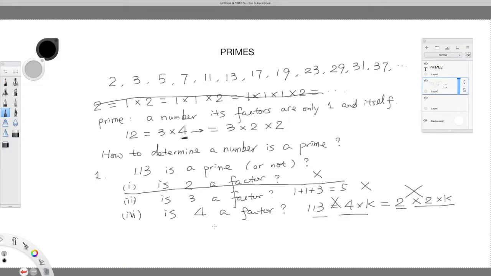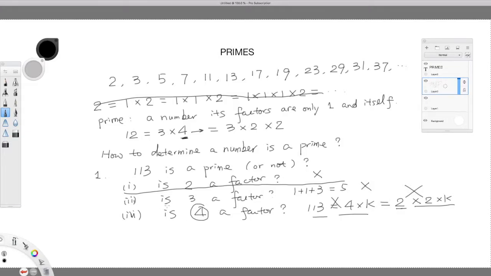Okay? So you see here, if I already checked 2, I don't need to check anything of 4. Or using this logic, I don't need to check anything that's a multiple of 2. As long as 2 is not a factor, anything that's a multiple of 2 is not a factor.